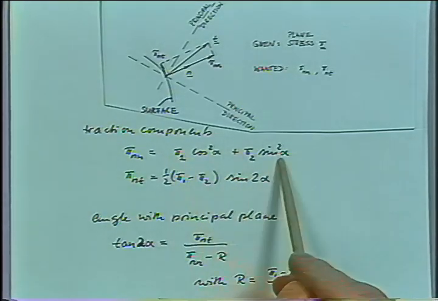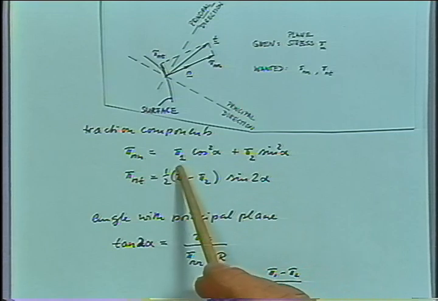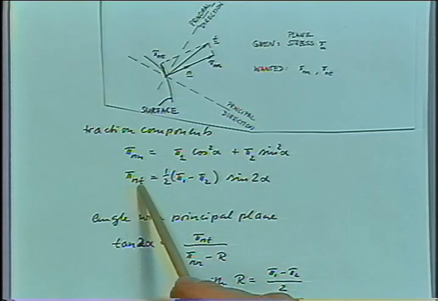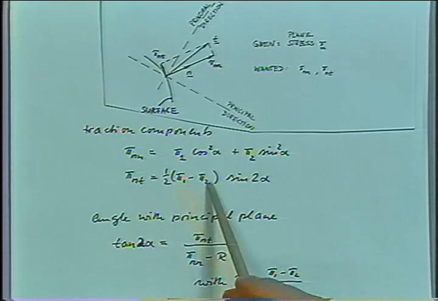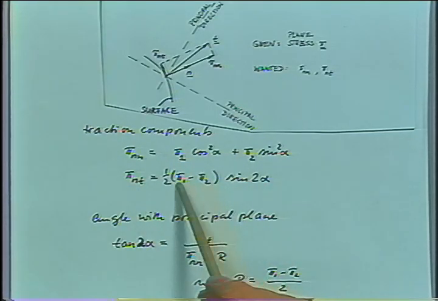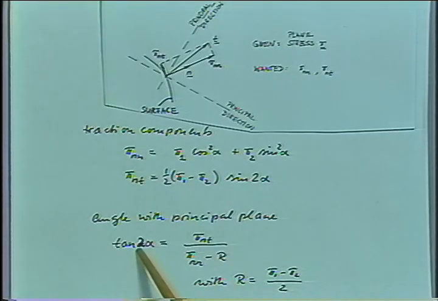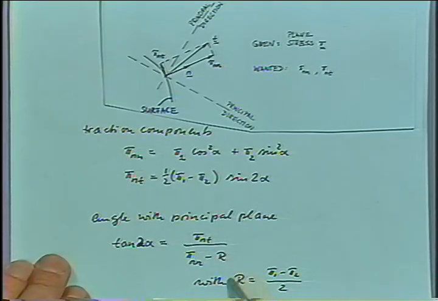And this has these components, and we express it in the principal stress components, since that's how we started out with the stress tensor. And then this would be the shear stress on the surface, again defined with those two. And the tangent of alpha would be given as just a ratio of those two. And we are defining already some new variable, r.